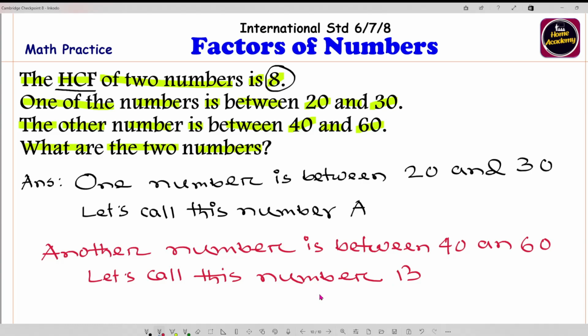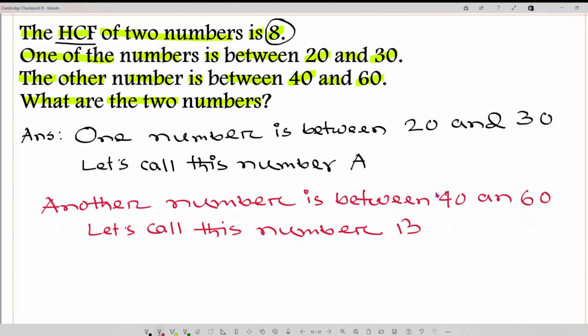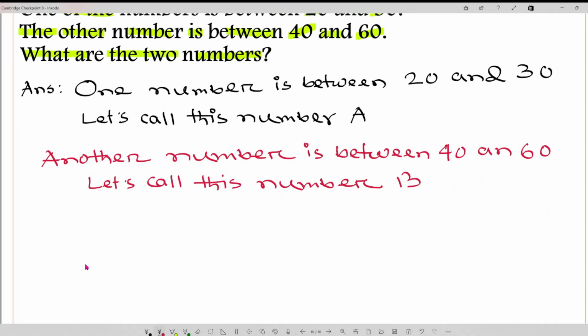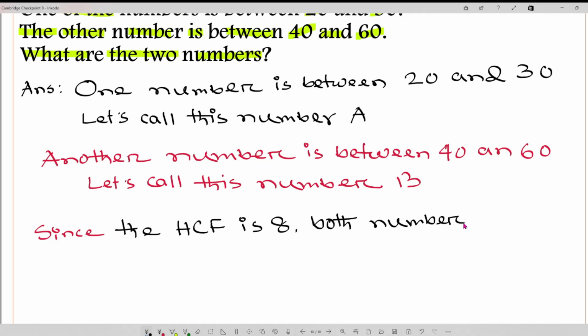Now we have to factorize the possible values. Since the HCF is 8, both numbers must be multiples of 8.